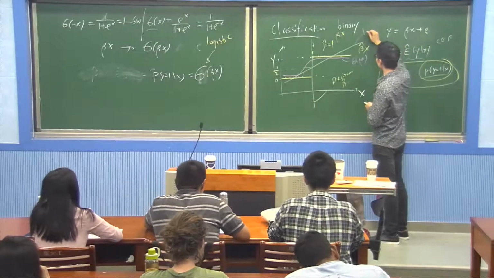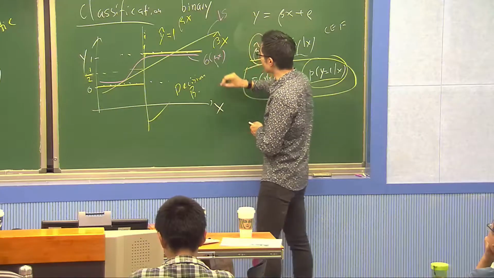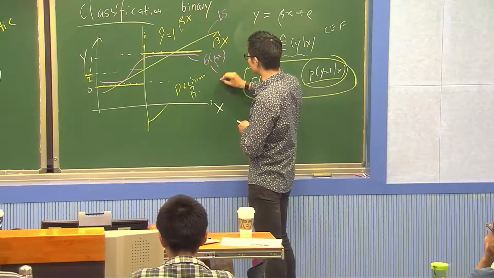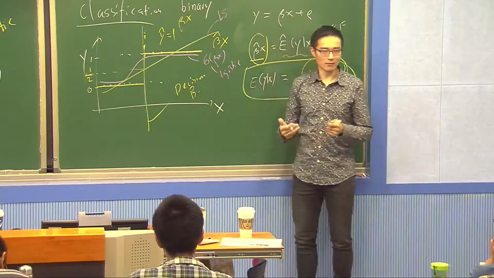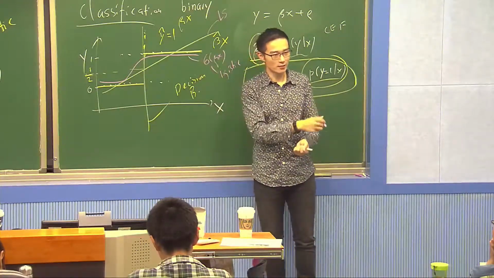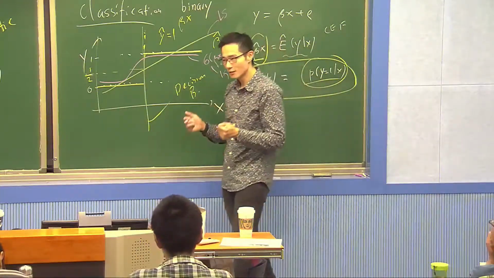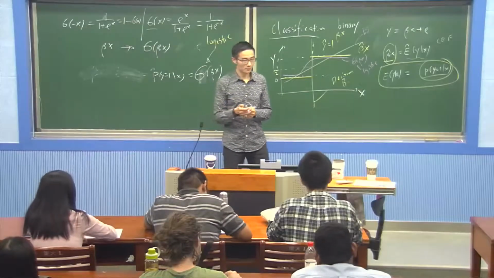This is linear regression, least squares linear regression. This is logistic. Whatever logistic does is simply transform this linear thing into this nonlinear thing so that it's between 0 and 1. So it's a proper probabilistic model. That's one way to look at the difference.